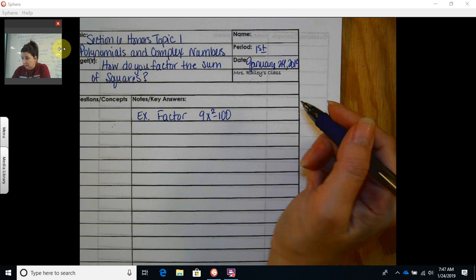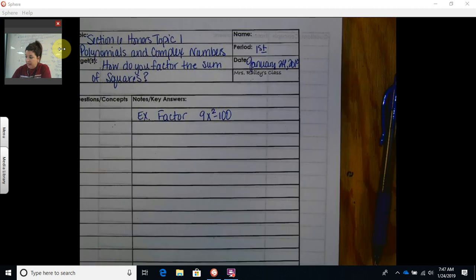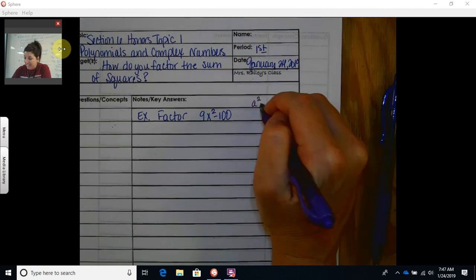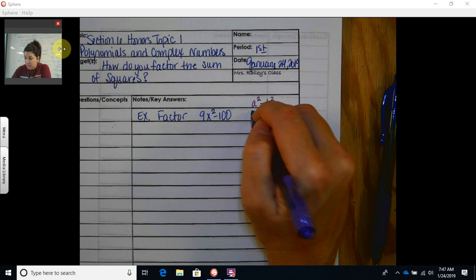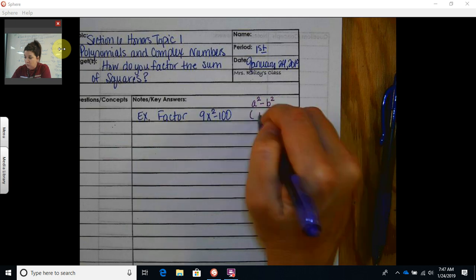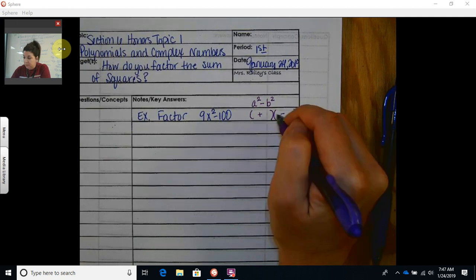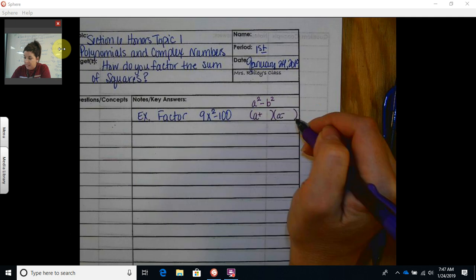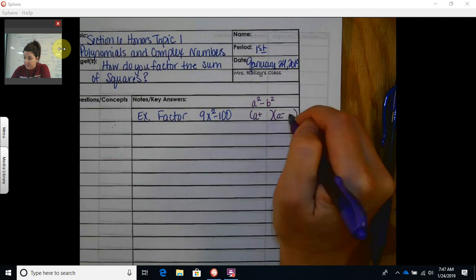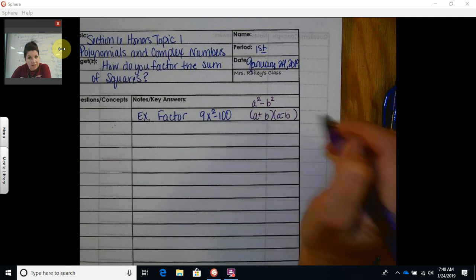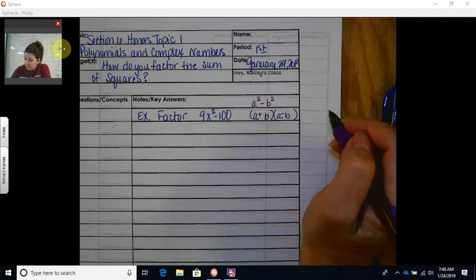The identity says when you have a perfect square minus a perfect square, that's a difference of squares, you make two sets of parentheses. One gets a plus in the middle, one gets a minus in the middle. The first term in each set of parentheses is the square root of the first term. And the last term in each set of parentheses is the square root of the last term, right? That's the identity for a difference of squares.